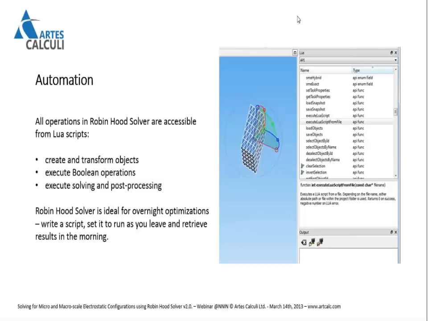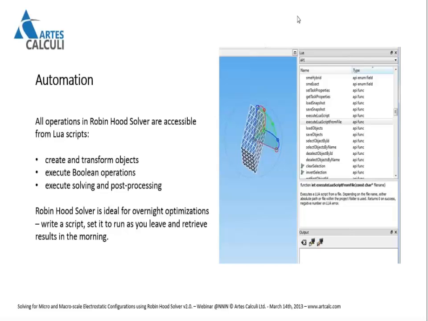And it is important to know that everything that you can do inside Robin Hood solver can also be done from Lua scripts. So instead of creating and transforming, moving or resizing objects using the toolbar, you can create and transform these objects right from the Lua script. You can also execute Boolean operations from scripts, and you can execute solving and processing from the script.